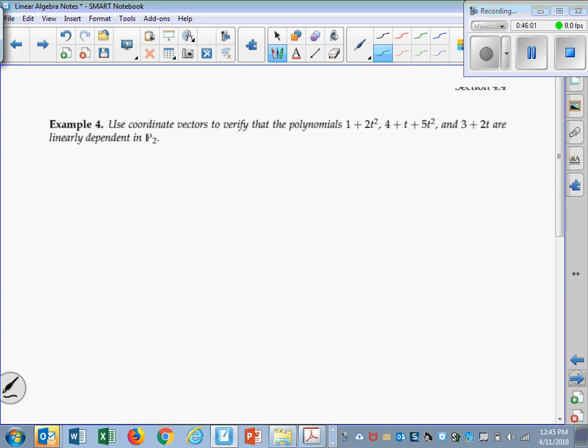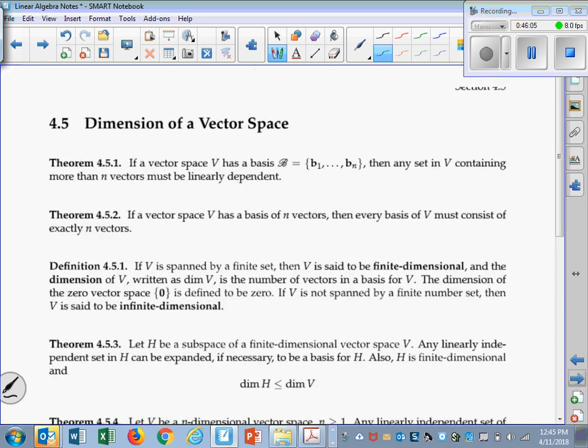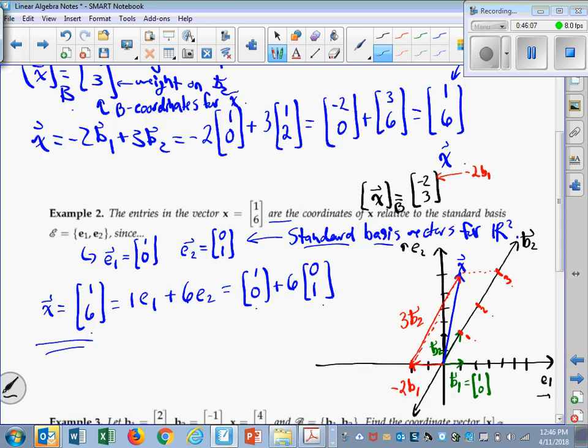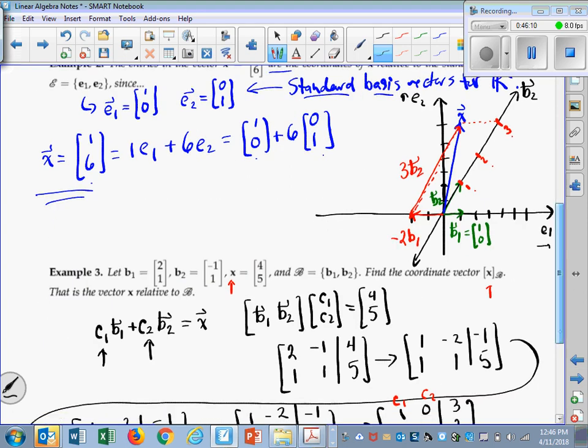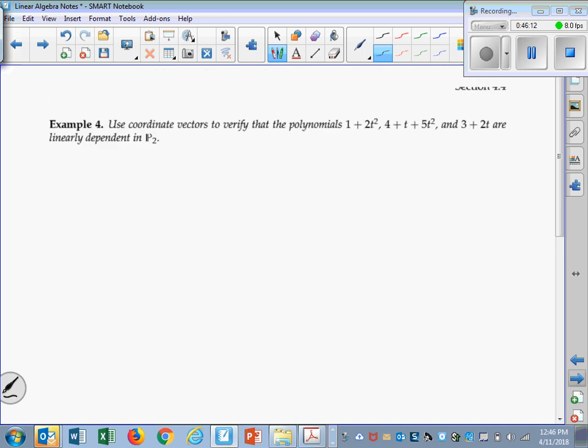It says use the coordinate vectors to verify that the polynomials here, we have 3 polynomials here. Let's label them. I probably should have labeled them. This is P1, P2, and P3. Show that they're linearly dependent. In other words, you can write one of them as a linear combination of the others. Okay, well, let's write the standard coordinates for P1 in the standard basis.